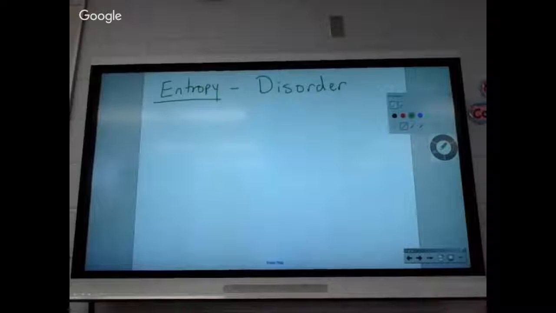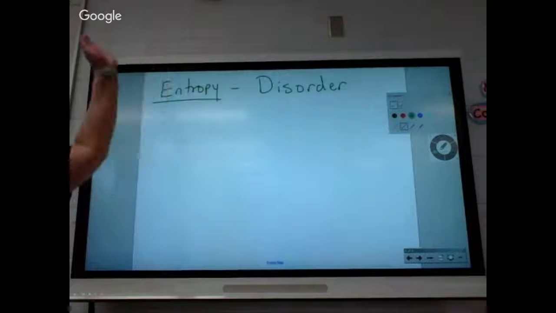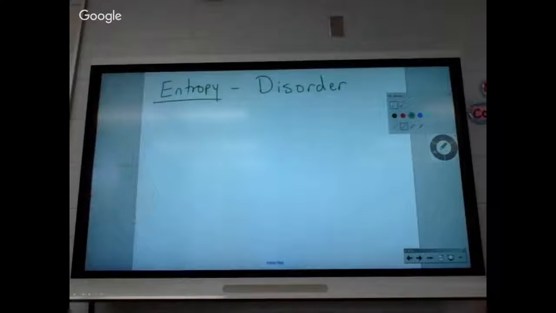Some of you have rooms that have very low entropy. Some of you have rooms that have very high entropy. Who has a neat bedroom? Anybody in the room? You have low entropy. How many of y'all's bedrooms are pigsties? You have high entropy in your room. I'm not talking about dirty like you got food everywhere.